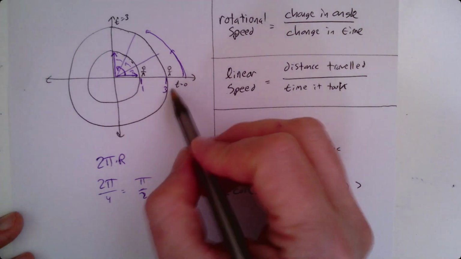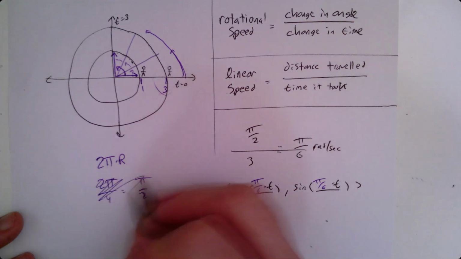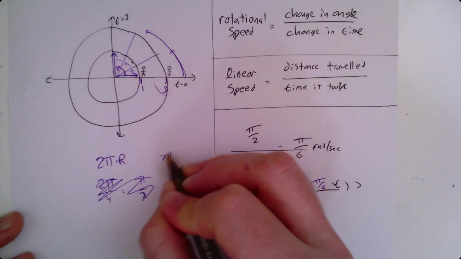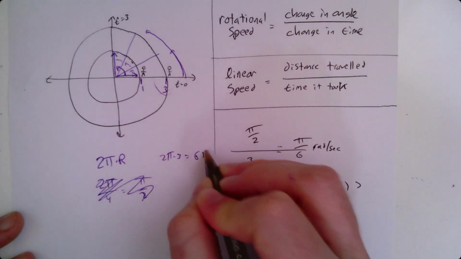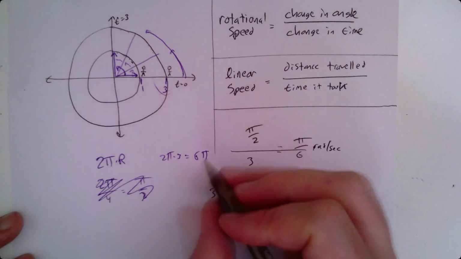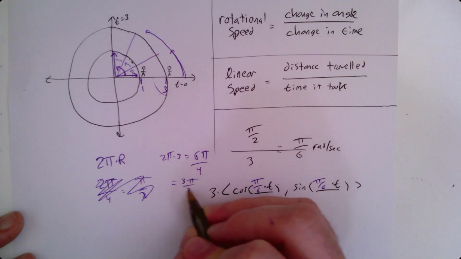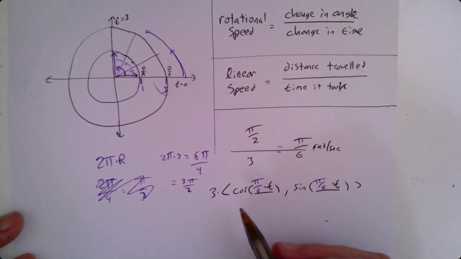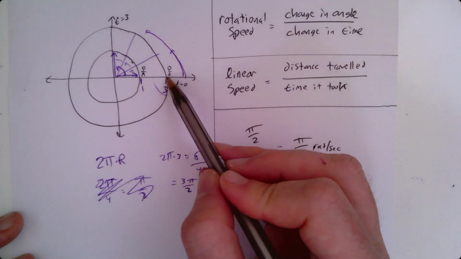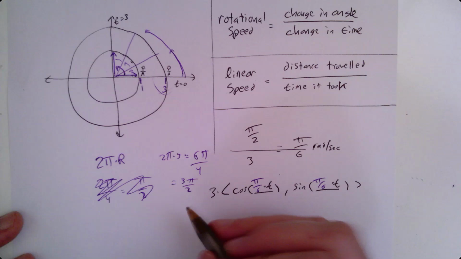But now let's look at this case when the radius is a little bit bigger. So if I've got radius 3, let's do that here. So 2 pi times 3 gives me a circumference of 6 pi. So a quarter of that circumference is 6 pi over 4, which simplifies as 3 pi over 2. So we're still imagining walking that full 3 pi over 2 distance in 3 seconds.